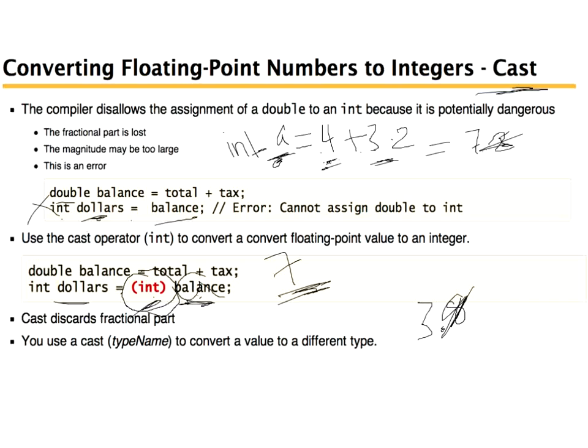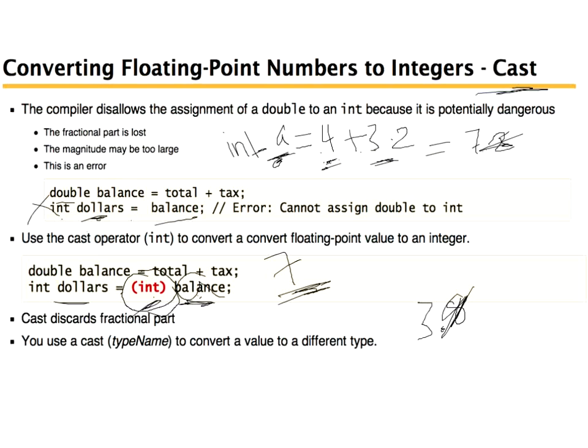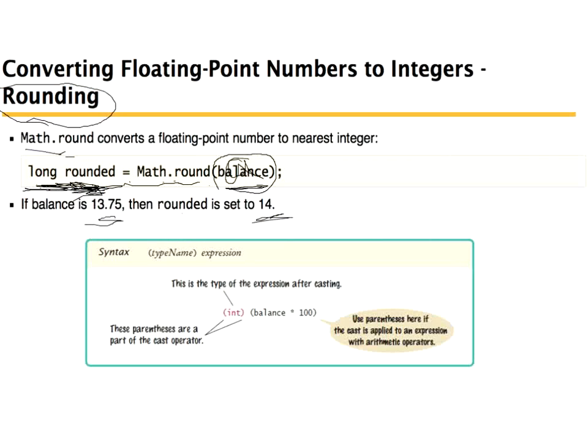That's one method. Another method, you can do rounding. You can say long rounded equals math.round a. Okay, we're talking about a. So it will give you a rounding. In this example, we had 4 plus 3.2, so the result will be 7, because it's actually 7.2, but it's close to 7.